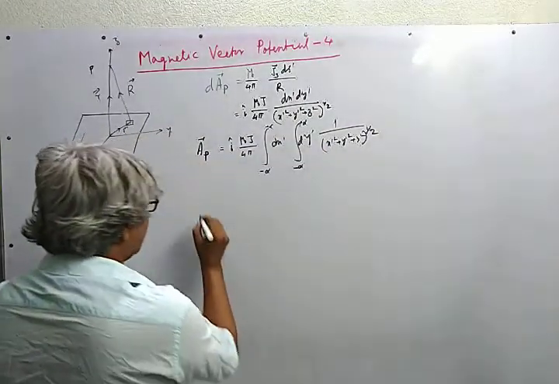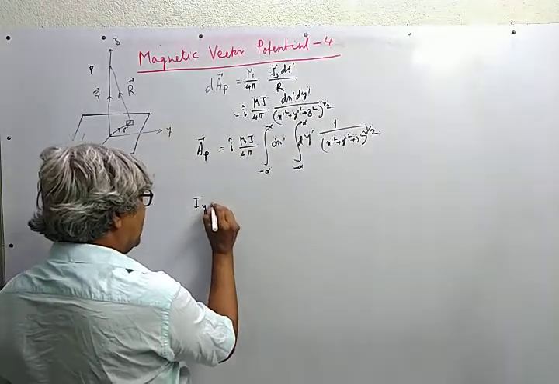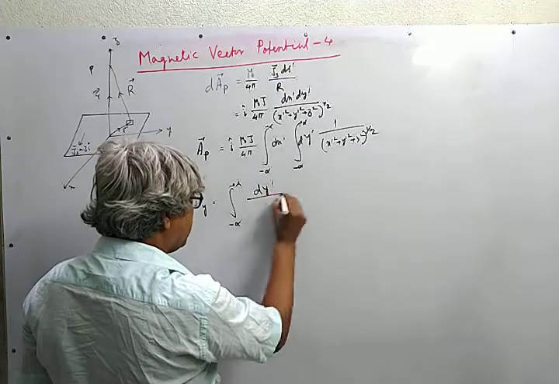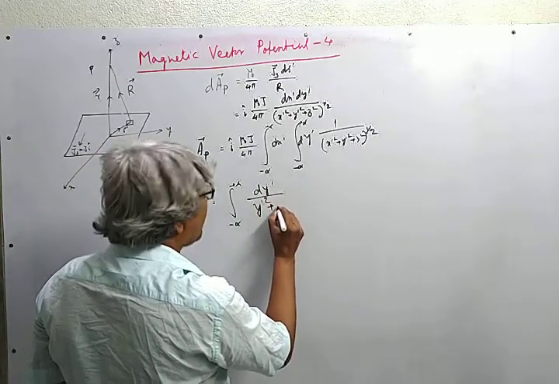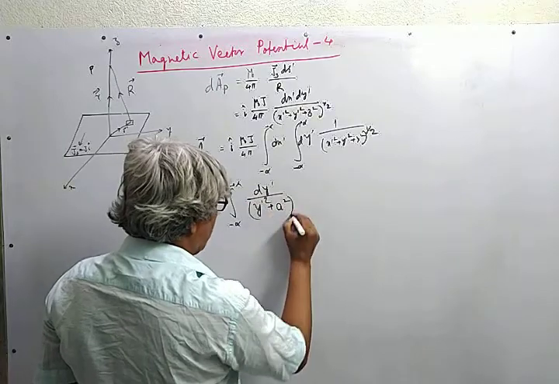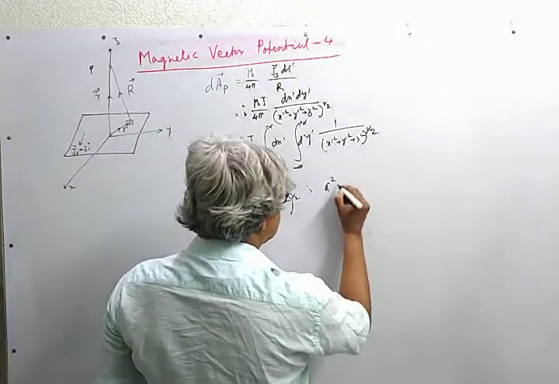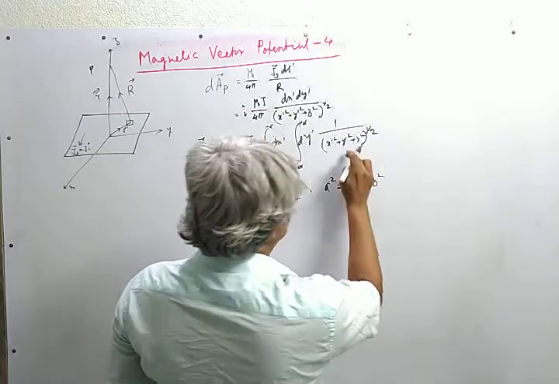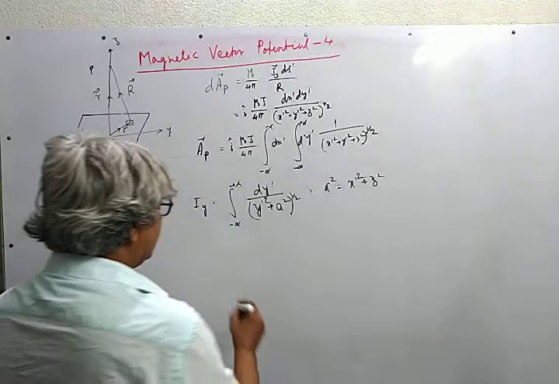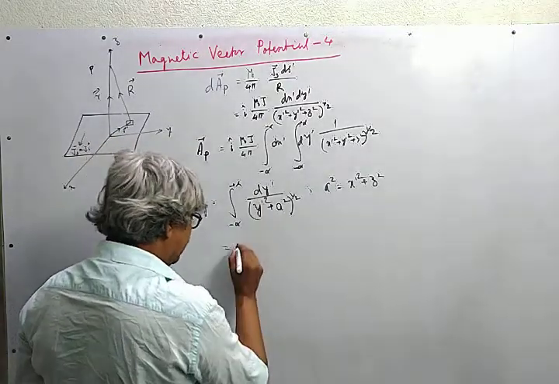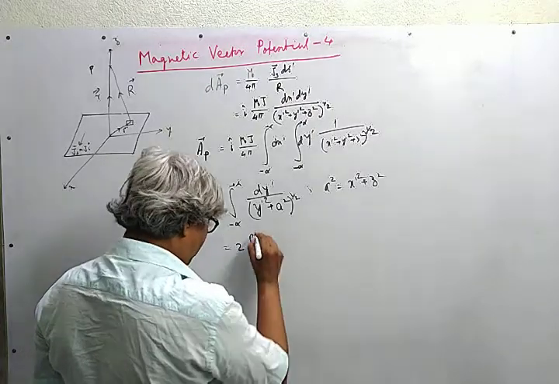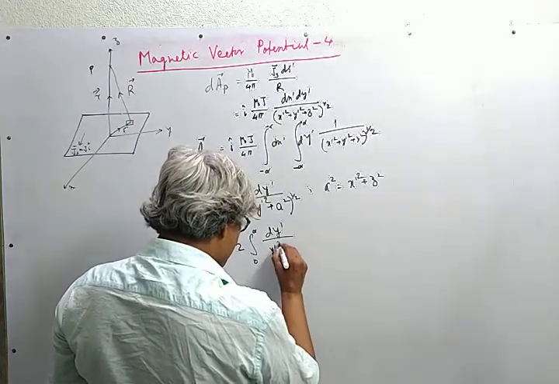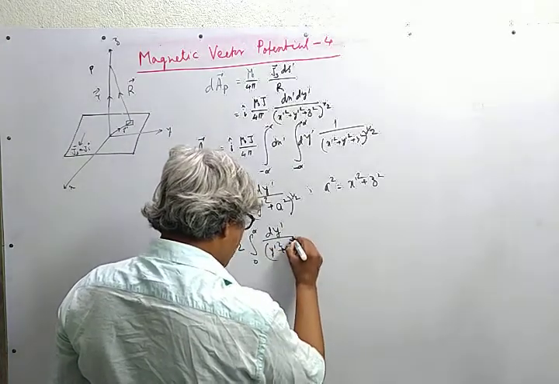For the y integration, from minus infinity to plus infinity, dy prime by (y prime square plus s square) to the power half, where s square is equal to x prime square plus z square. The natural way is, first, this is an even integral, so this is 2 times integral from 0 to infinity dy prime by (y prime square plus s square) to the power half.